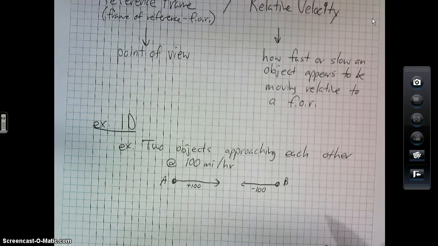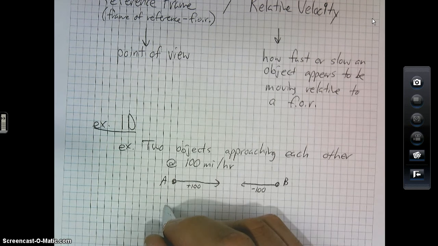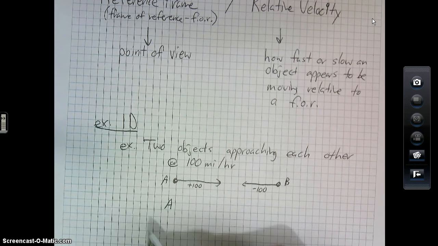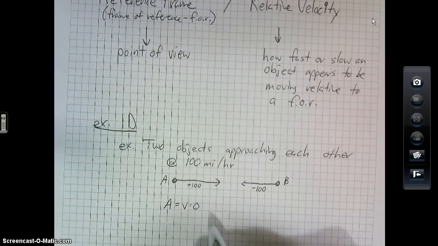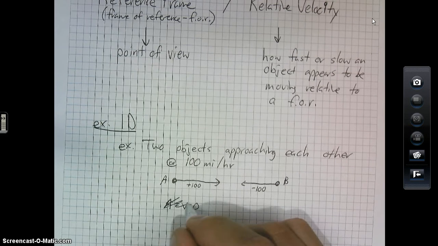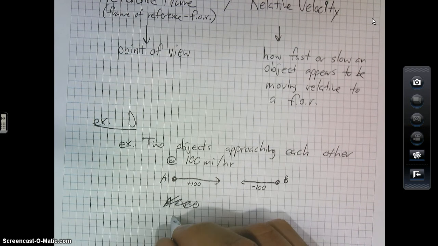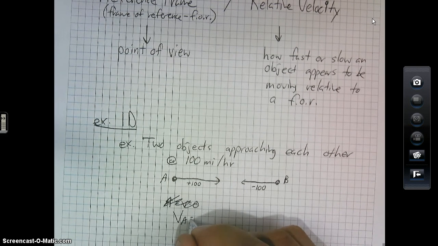Now if we took the point of view of object A, let's say this is a spaceship and you're out in space, then from A's point of view, they would have a velocity of 0. The velocity of A would be 0.